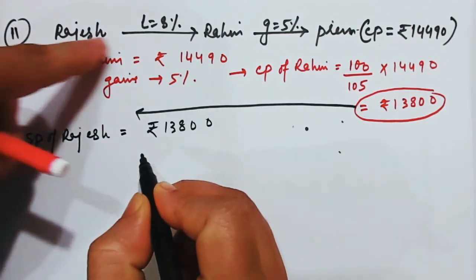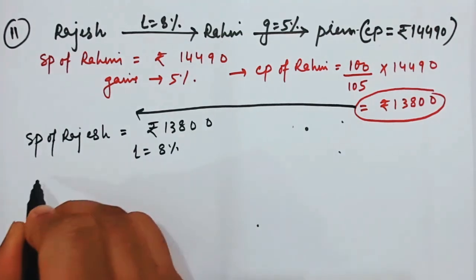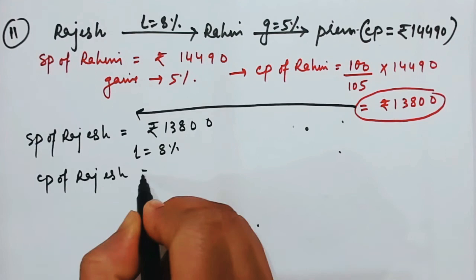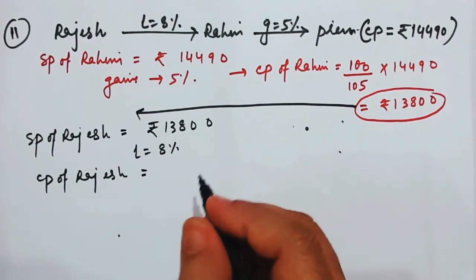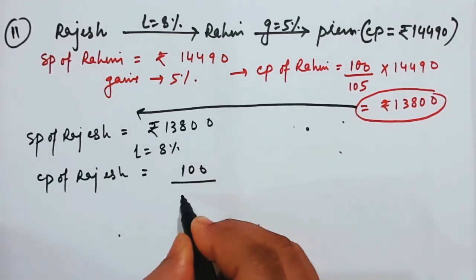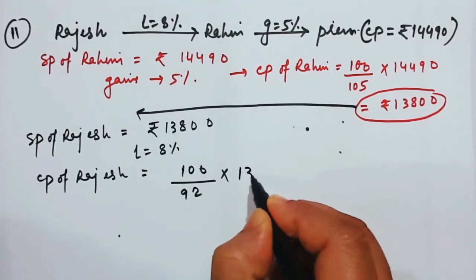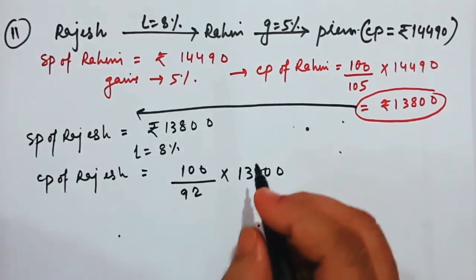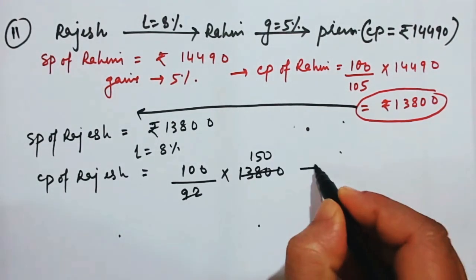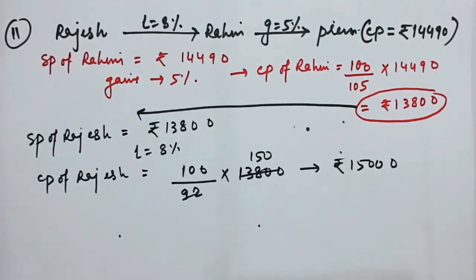Now on selling it at a loss of 8%, cost price of Rajesh will be how much? You know the formula, 100 by 100 minus loss. So 100 minus loss is equal to 92 times the selling price, 13800. On cancellation, you will get rupees 15000.